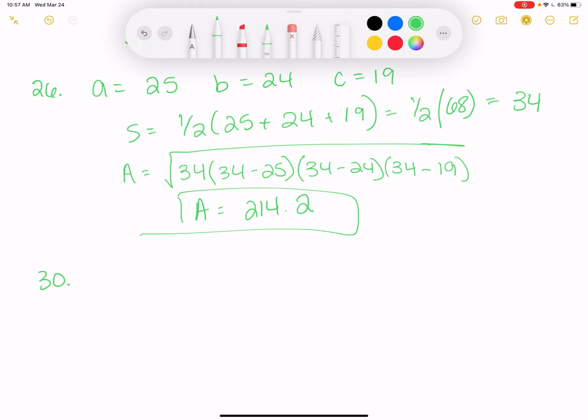All right, I'm gonna have you guys try this one on your own. Okay, so everybody should do this one. A is 43, B is 59, and C is 48.